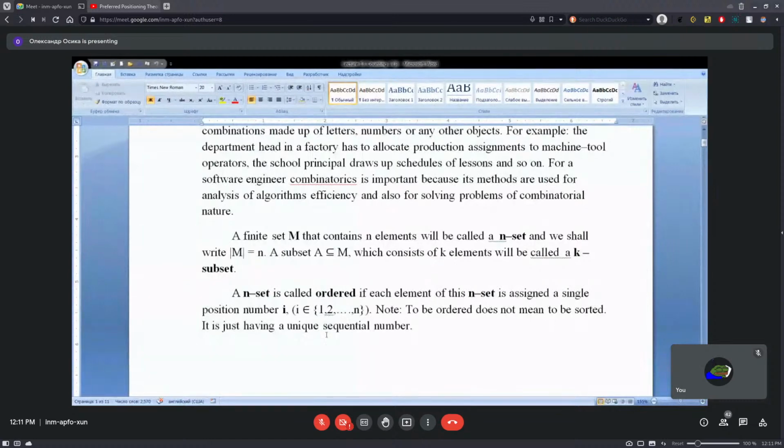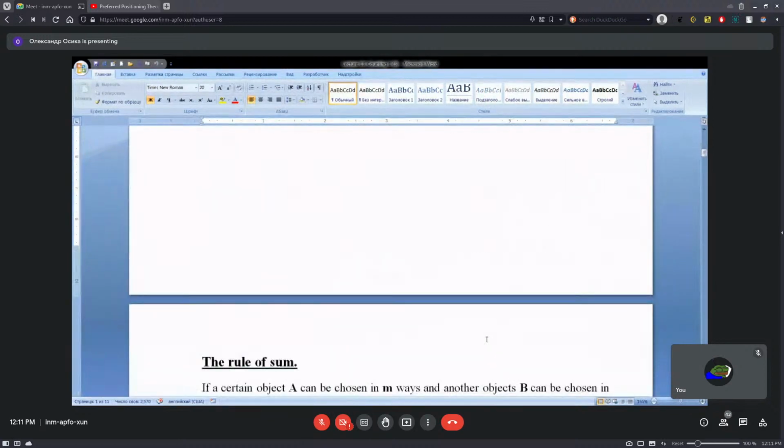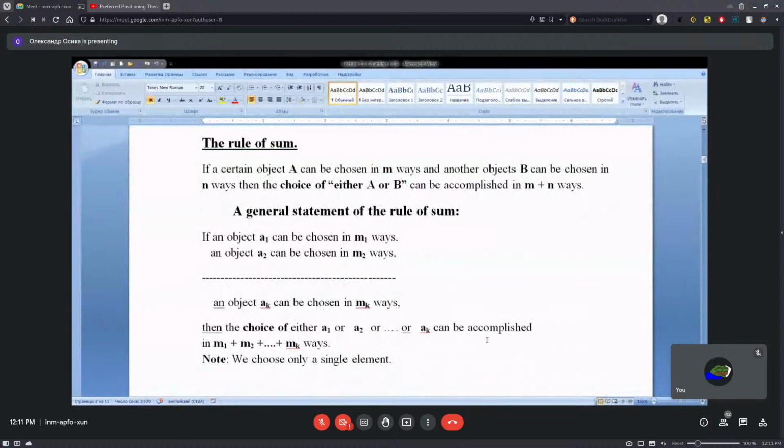It is just having a unique sequential number. Now we come to the basic rules of combinatorics. I'm sure you studied them at school, but we cannot ignore them.